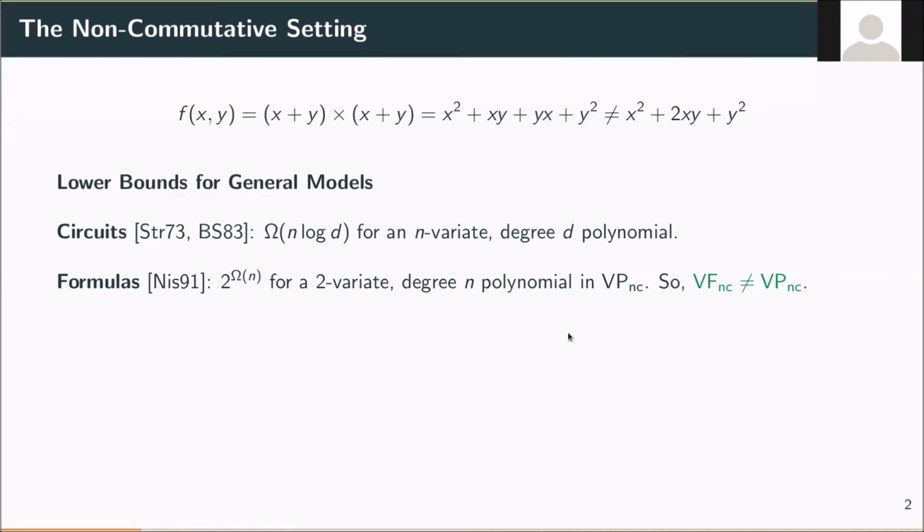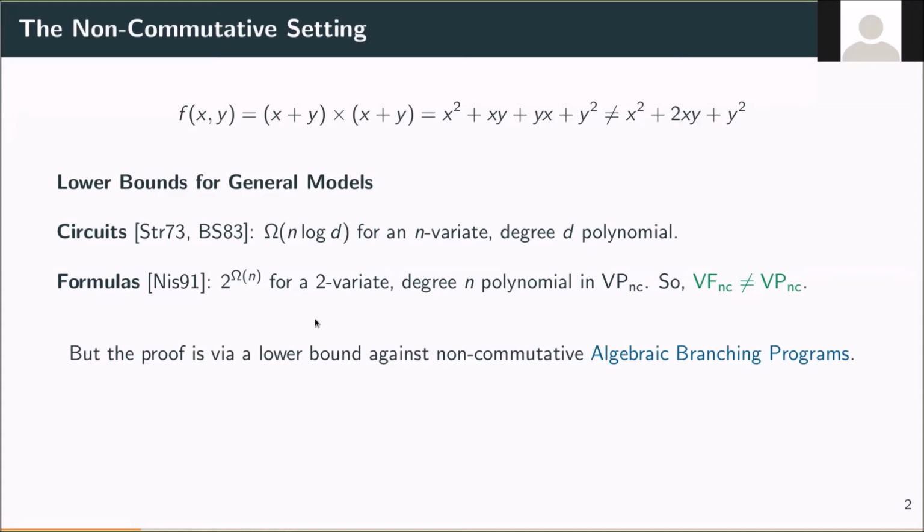The catch, however, is that Nisan's proof actually works against a model that is slightly more powerful computationally than formulas. This model is that of the algebraic branching programs, or ABPs. So if we denote by VBP the class of polynomials that can be computed by efficient ABPs, then VBP sits nicely in between VF and VP.